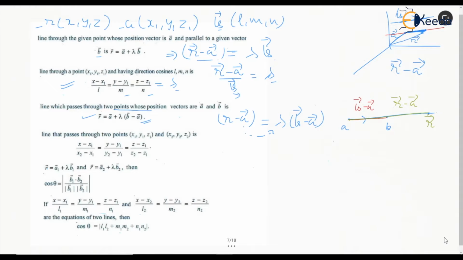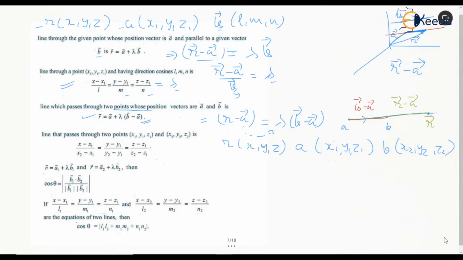And again, this can be written in the Cartesian form like R minus A by B minus A equal to lambda, right? And again, let's say R has the components x, y, z, the ones we are looking for. Let's say A has the components x1, y1 and z1, and B has the components x2, y2 and z2.